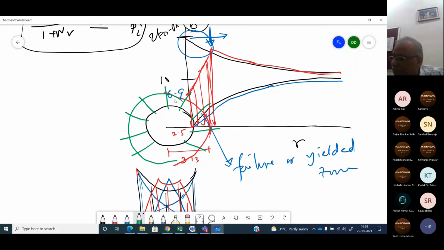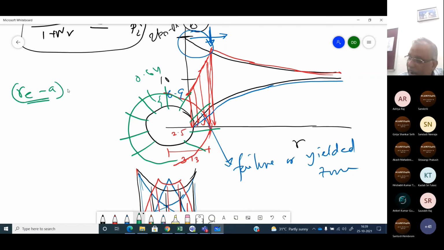So if this is 0.64 meter, my bolt length should be more than that. So my Re minus a is a very important factor to me. It gives an idea of the bolt length, how long my rod should be, because I am going to insert it with grout and everything.